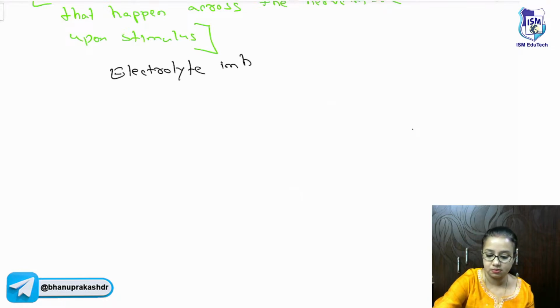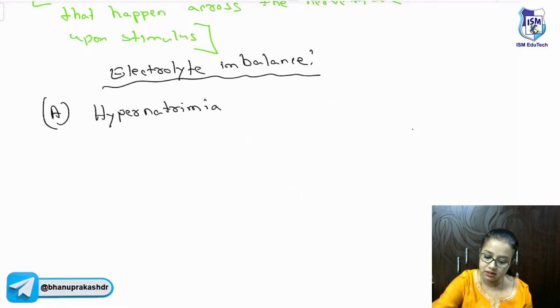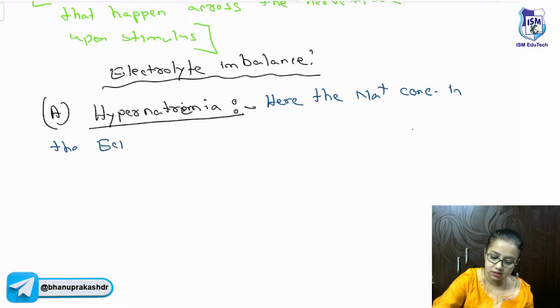Electrolyte imbalance: hypernatremia. So what happened in hypernatremia? Here the sodium concentration in the ECF increases.